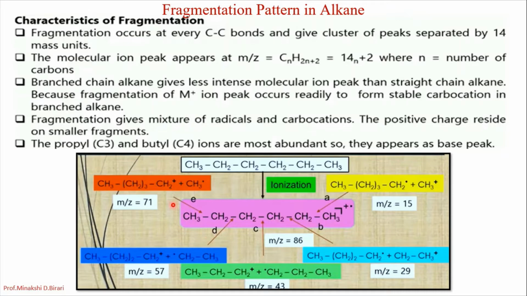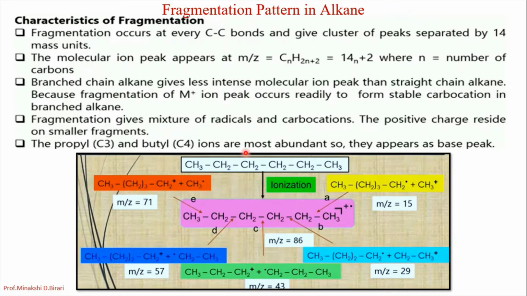Next one, the last one. Here again the cleavage occurs, and due to that there is a formation of two fragments. Now the larger fragment acquires the positive charge, so that peak is observed at m/z equal to 71. This fragment is the pentyl cation, formed along with a methyl radical.